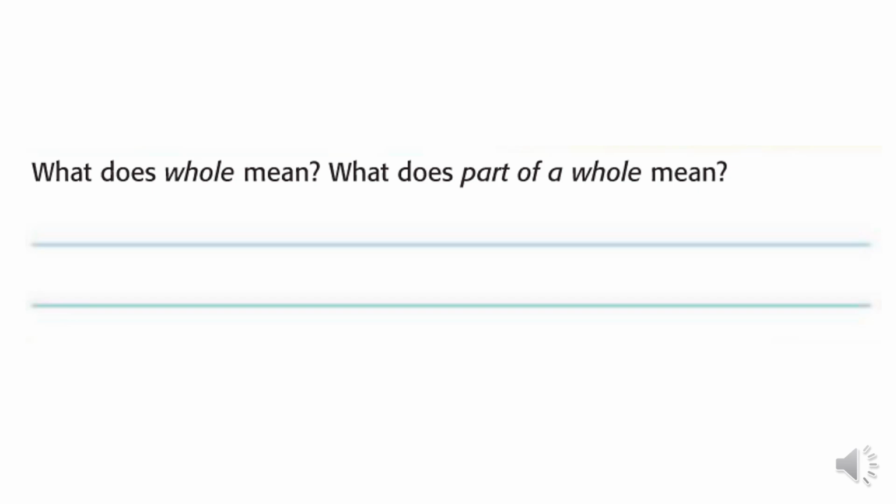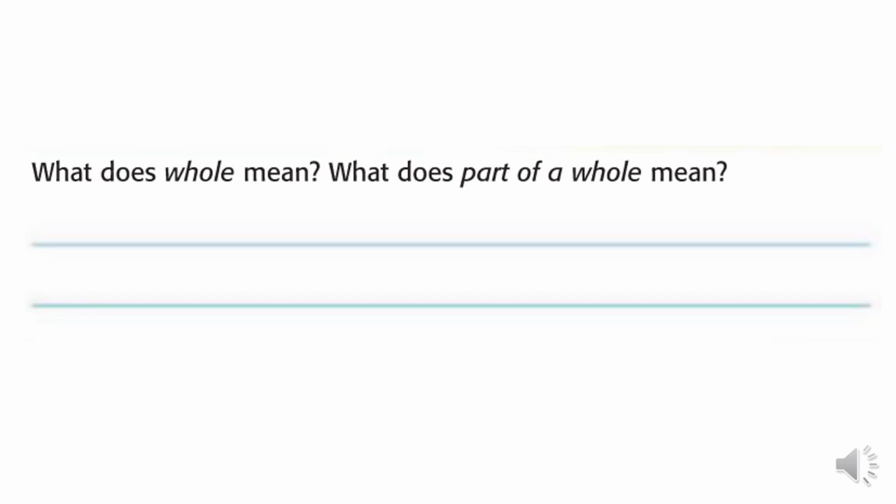And in the next one, it's asking you, what does part of a whole mean? If you use the example of the pizza, what do you think part of a whole means? If the whole is el total o el entero de una pizza, for example, what does part of a whole mean for you?